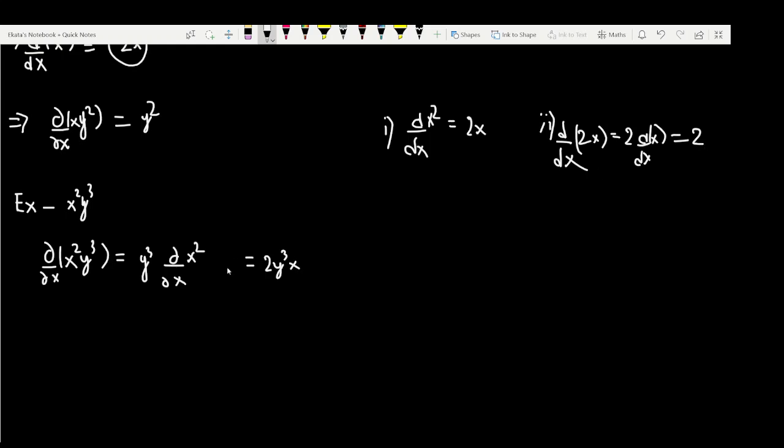Just like this, here y cubed is a constant with respect to del by del x, and we take y cubed out of the expression.